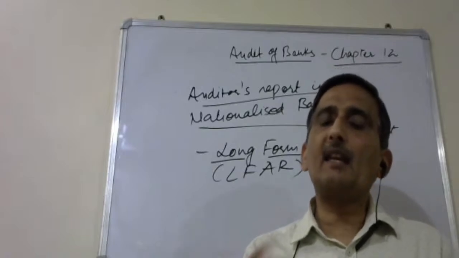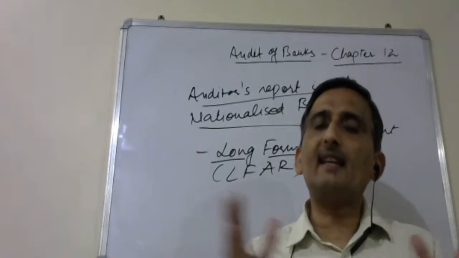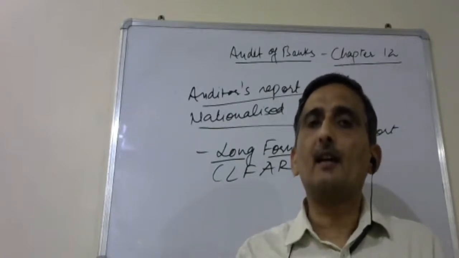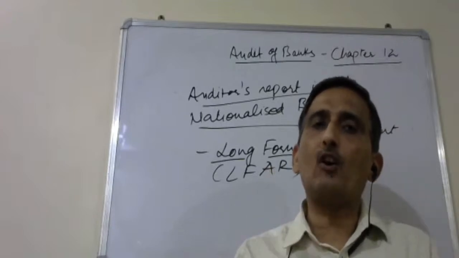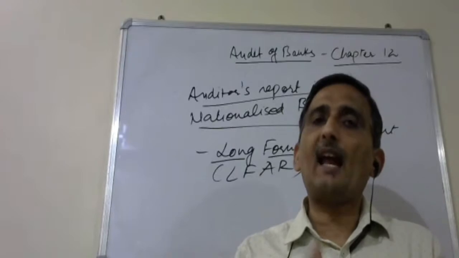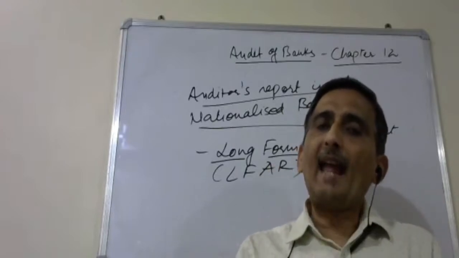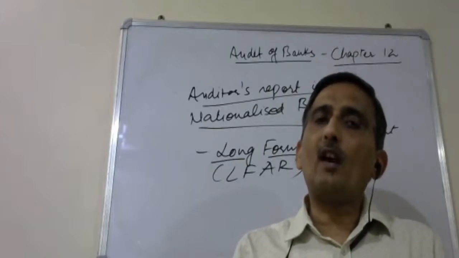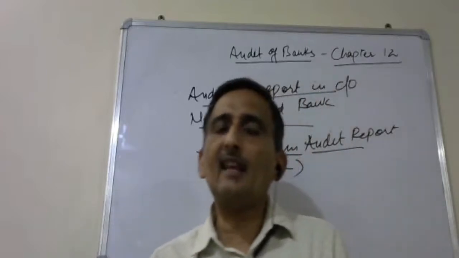Say in case of banks, RBI has issued KYC guidelines, know your customer. So every bank has to diligently follow those guidelines, and banks have to rank their customers according to these guidelines. Okay, so auditor has to see all these.